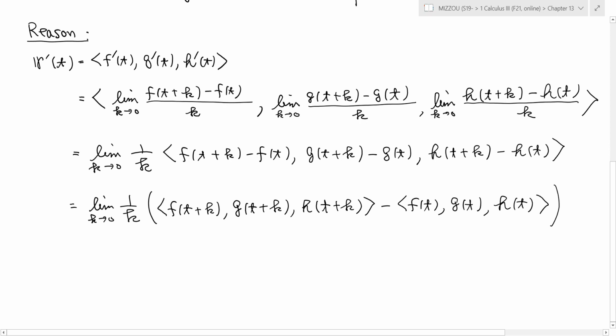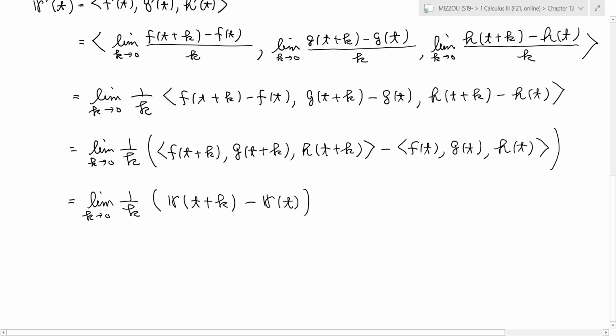Right. Then now, what is this? Well, this is written as the limit as k goes to 0 of 1 over k, and this vector is actually r of t plus k minus this vector here, which is just r of t. All right.